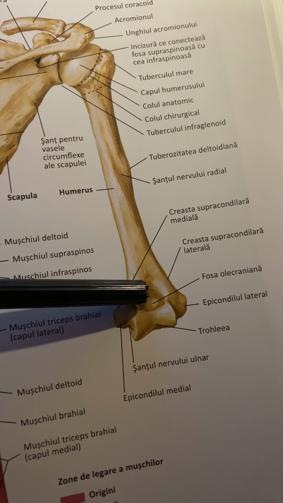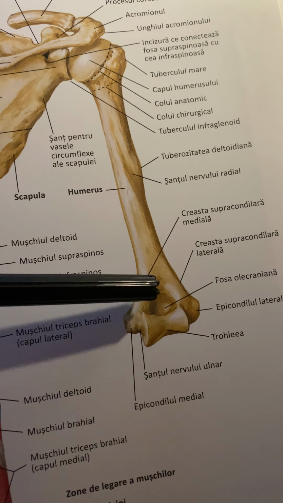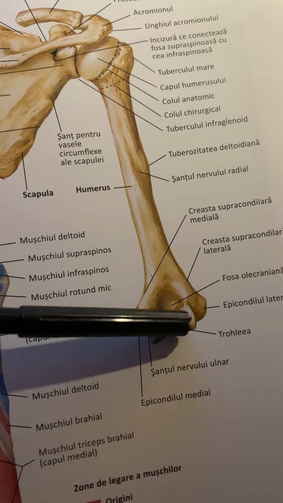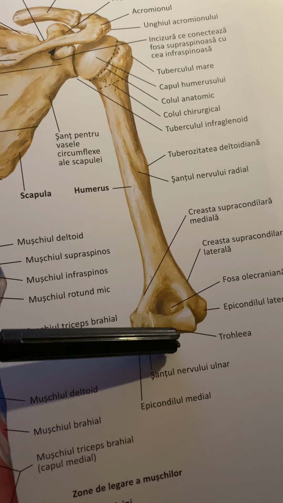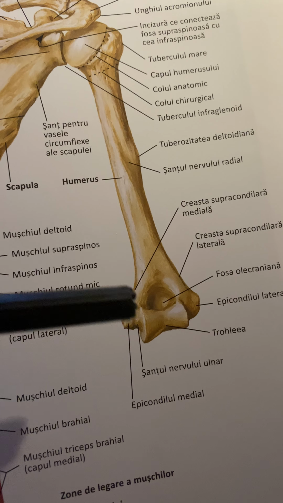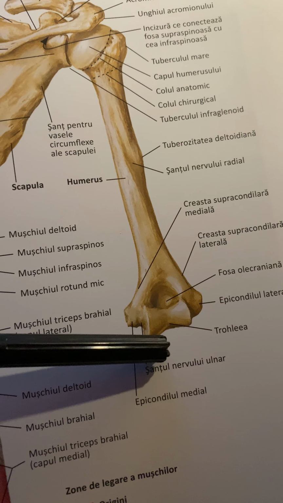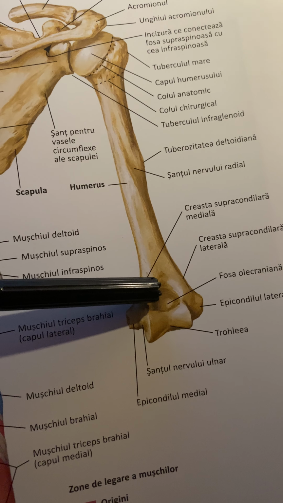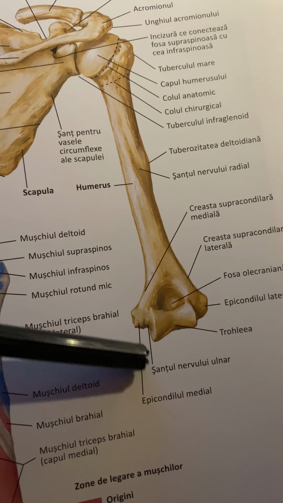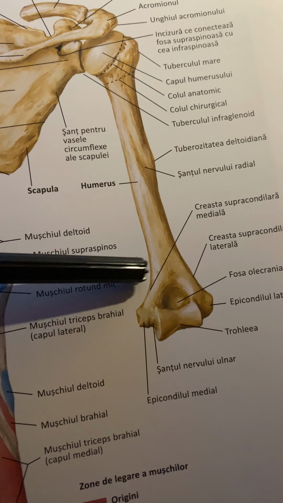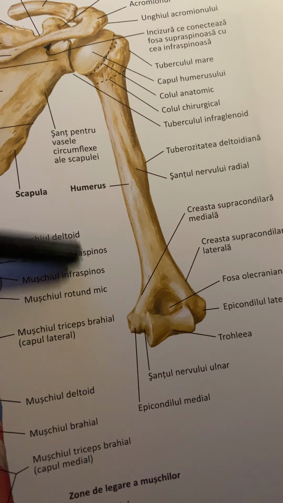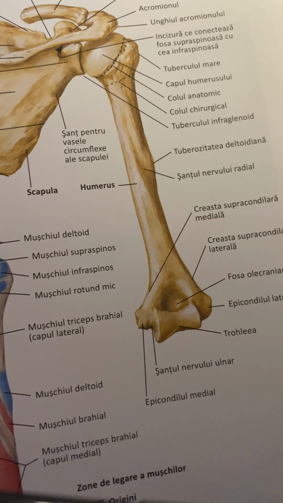It actually is being placed here to facilitate the extension of the forearm on the arm, because the olecranon, which is a structure of the ulna, is going to slide and get into this fossa. So it actually is being part of the joint between the arm and the forearm.